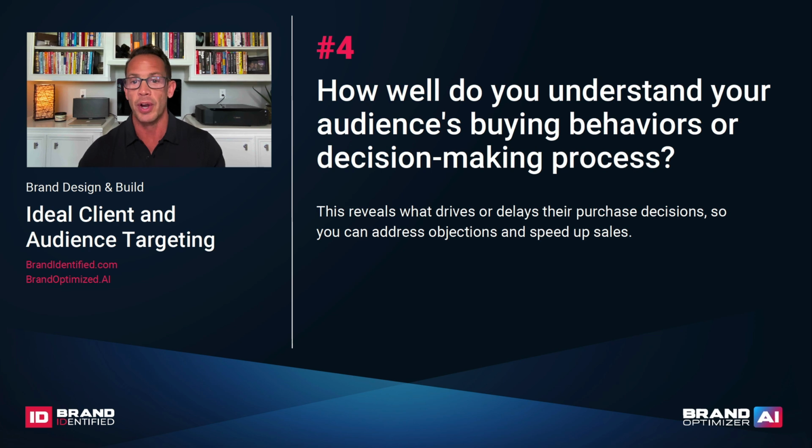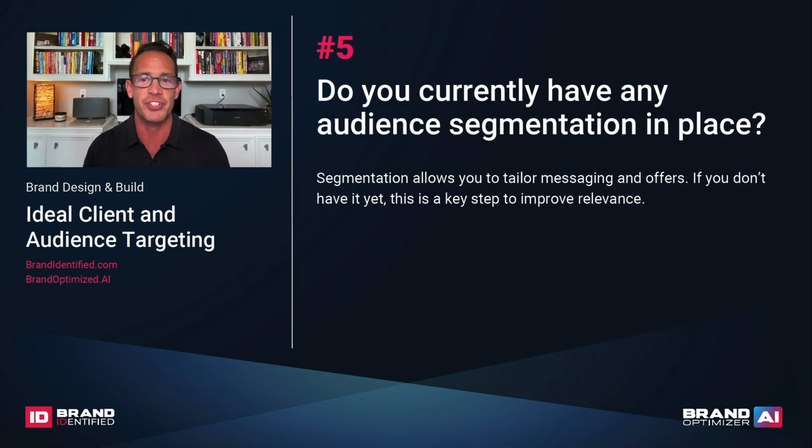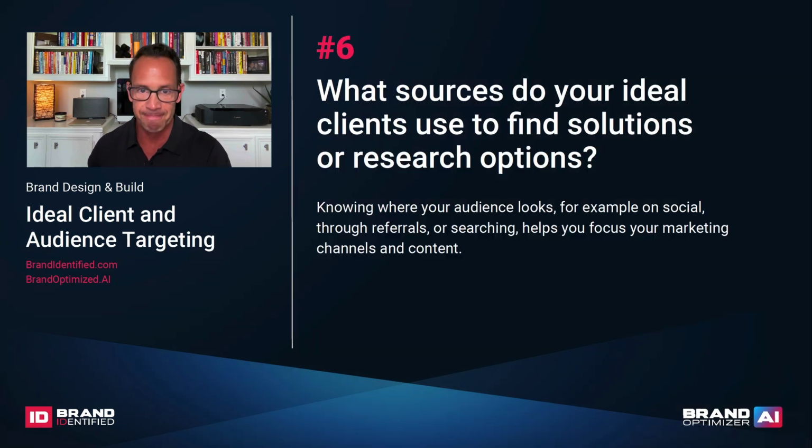This reveals what drives or delays their purchase decisions so that you can address objections and speed up your sales process. Question number 5, do you currently have any audience segmentation in place? Segmentation allows you to tailor messaging and your offers. If you don't have it yet, this is a key step to improving your brand relevance.